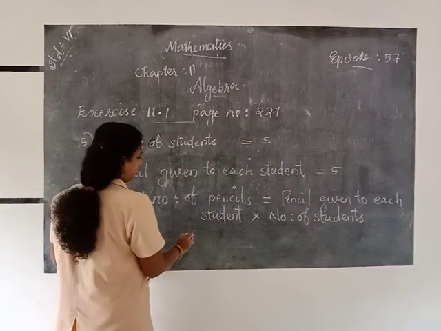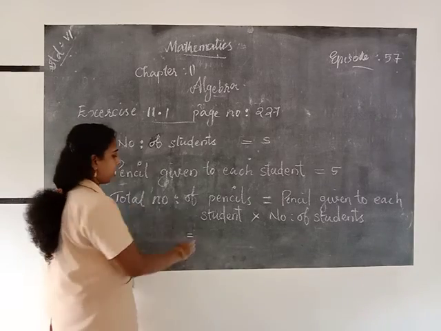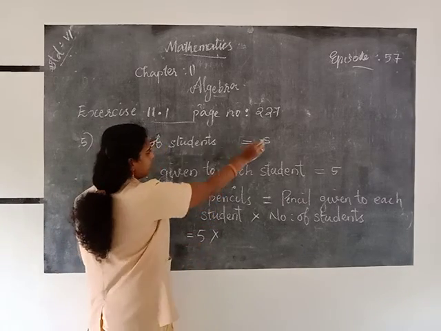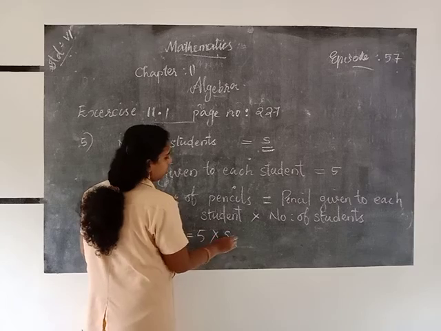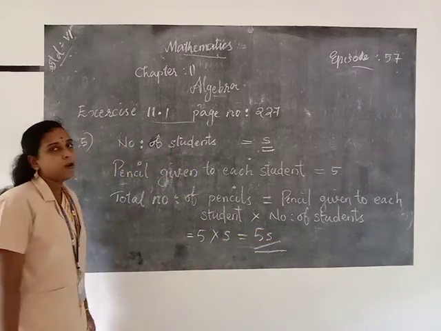Number of students is equal to S, and pencils given to each student is equal to 5, so 5 into S. So 5S is the total number of pencils.